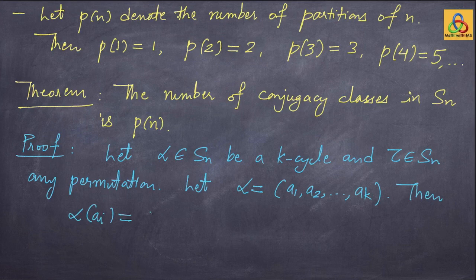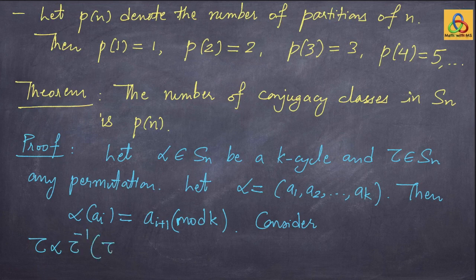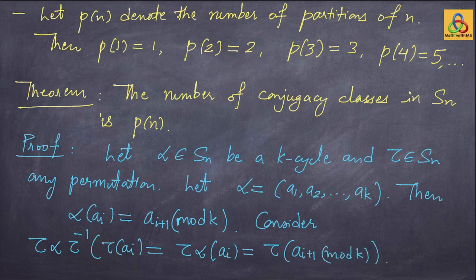Alpha of ai is a(i plus 1) mod k, and consider tau alpha tau inverse acting on tau of ai, which by definition is the same as tau alpha of ai, but alpha of ai is a(i plus 1) mod k, that is tau of a(i plus 1), where i plus 1 of course we are reading mod k. So tau alpha tau inverse of tau ai is simply tau a(i plus 1).